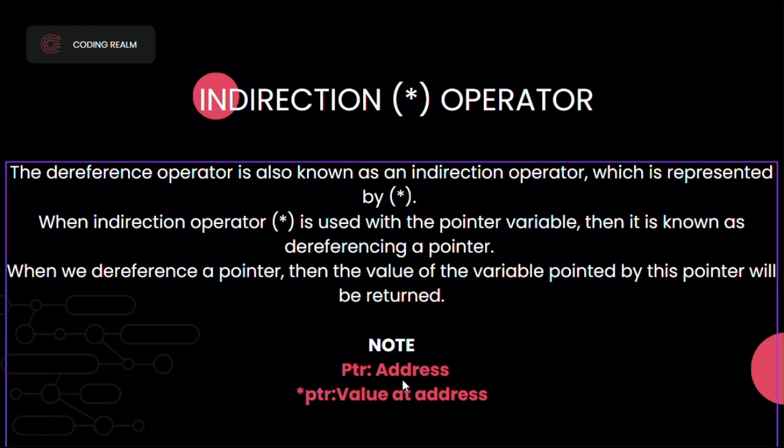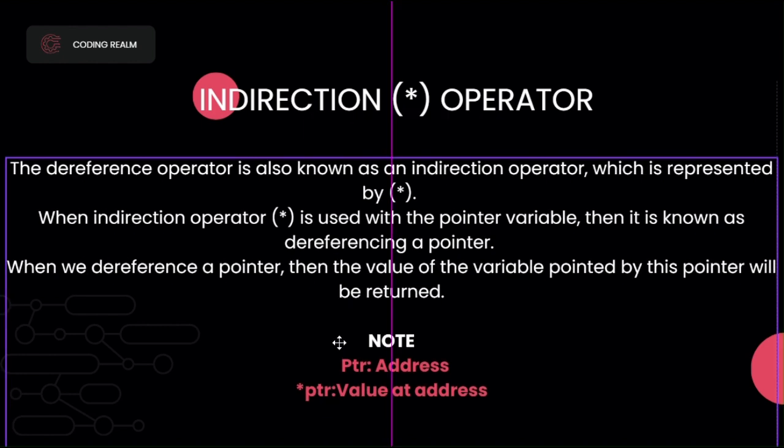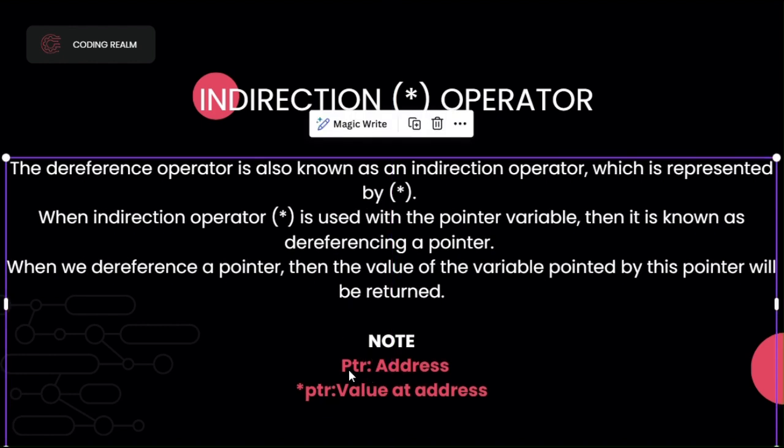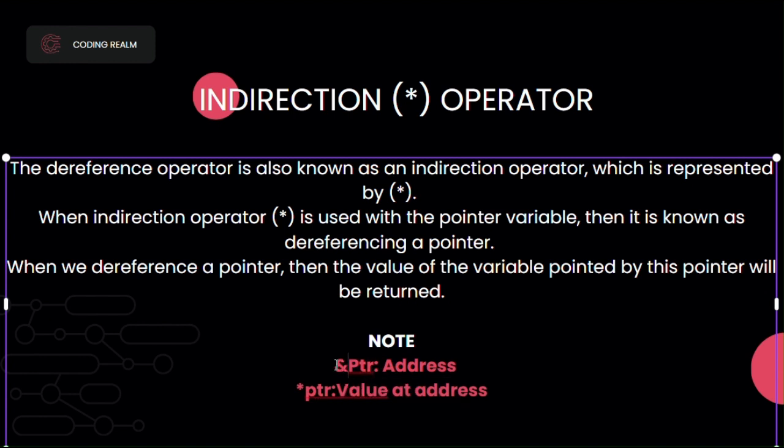Look at this note, ptr. When I put ptr, I get the address of the pointer, and when I put asterisk ptr, I get the value at the address.